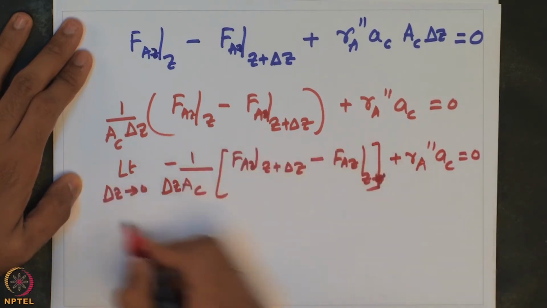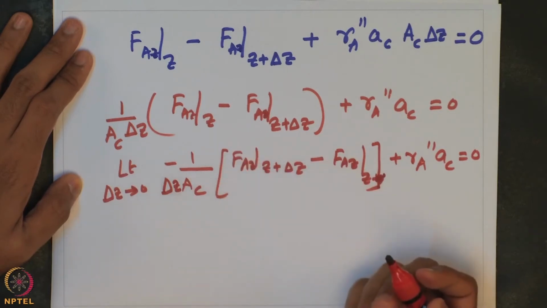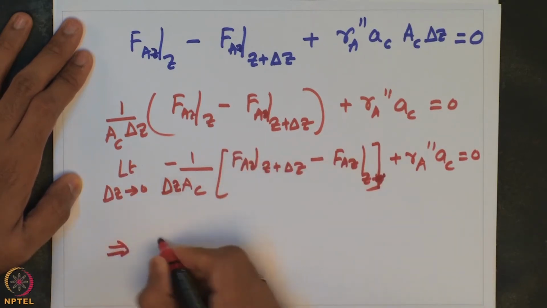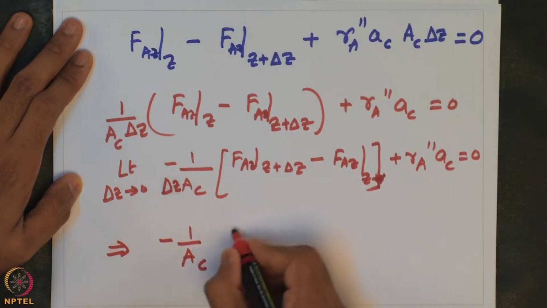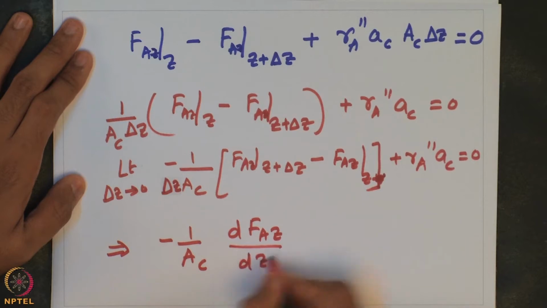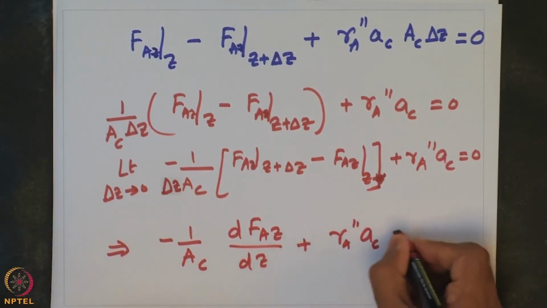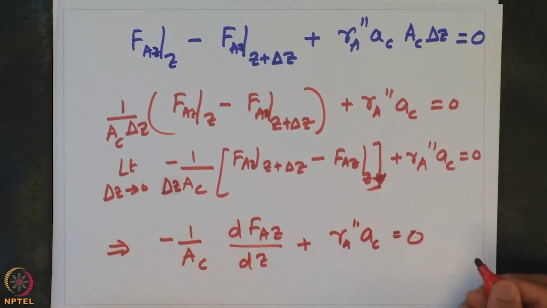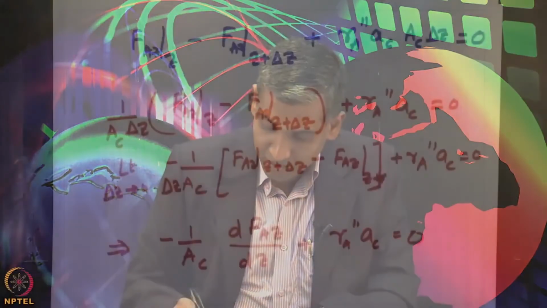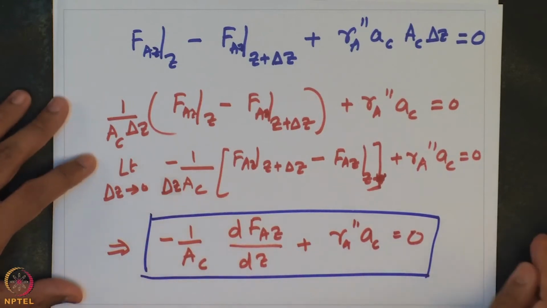What is this expression? This is nothing but the first derivative of the rate with respect to Z. So, that is equal to minus 1 by Ac dFa by dz plus Ra double prime into a_c equal to 0. So, this is the mole balance for the packed bed reactor.